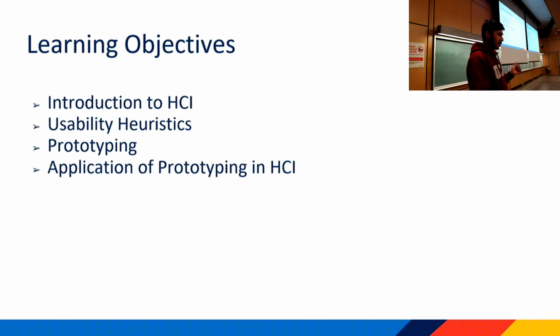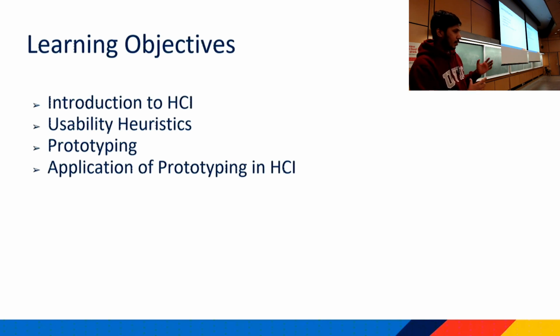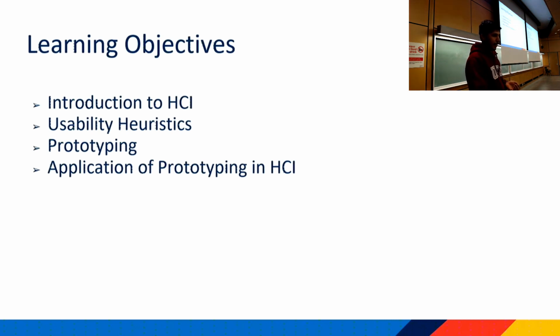And we will learn something about prototyping. In all three topics, HCI, usability heuristics and prototyping, you will see different applications of prototyping in HCI and how we can apply usability heuristics in HCI.